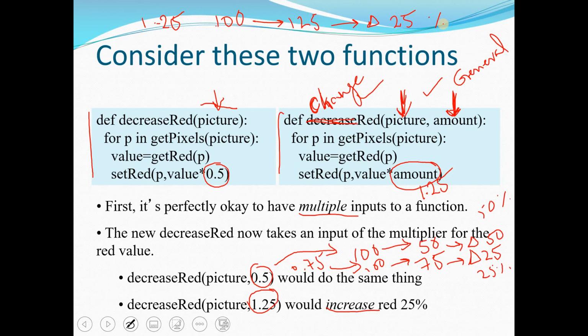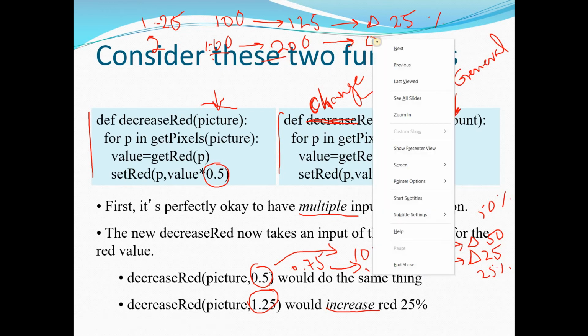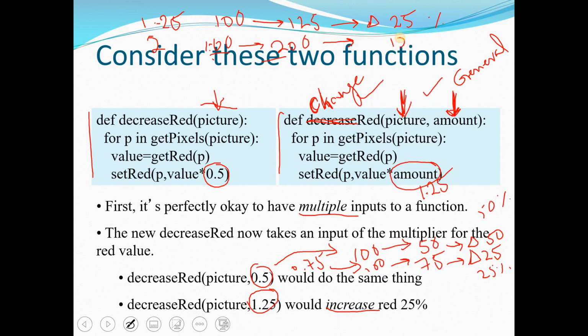Now I ask you, if the multiplying amount is 2, what is the percent increase? So this is an exam question. Let's say then 100 will become how much? Multiply by 2, 200. Okay. So 200, how much has it increased from 100 to 200? The increase is 100.